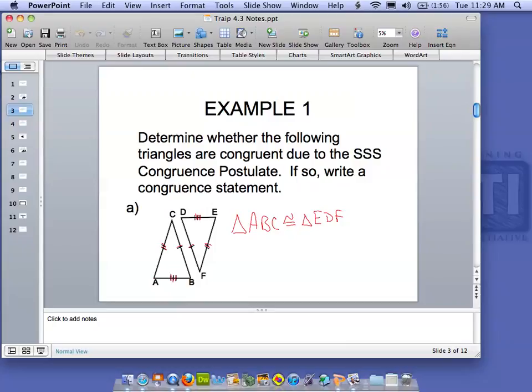Remember, if I went from A to B, and then from B up to C, so triple notch, single notch, then I have to go triple notch, single notch, so EDF would be the appropriate way to name the second triangle.